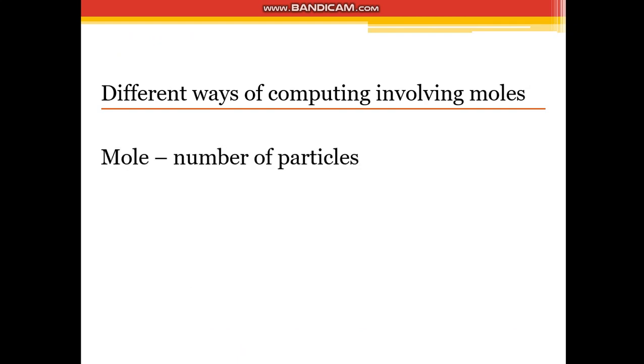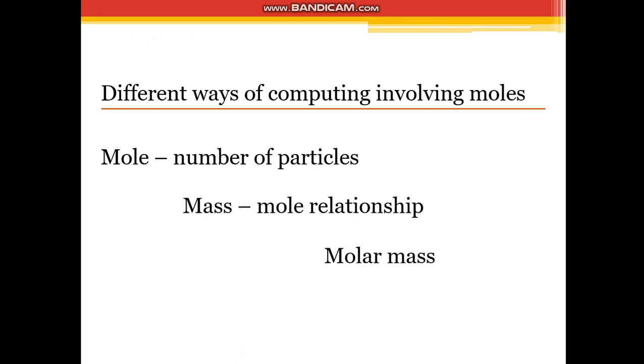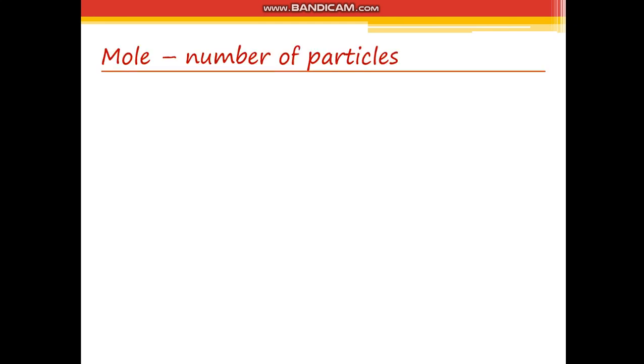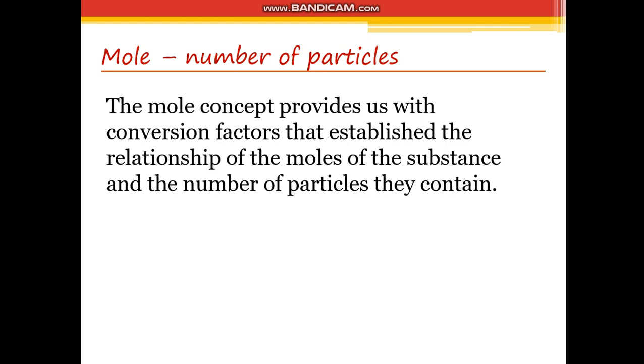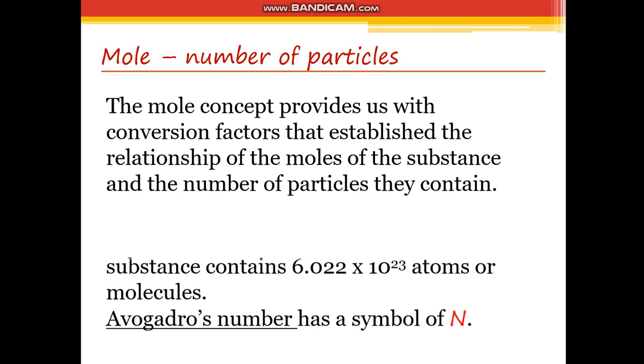The first one is mole to number of particles. We also have the mass and mole relationship, and we have the molar mass. Let us start with the mole to number of particles. The mole concept provides us with conversion factors that establish the relationship between the moles of a substance and the number of particles they contain.